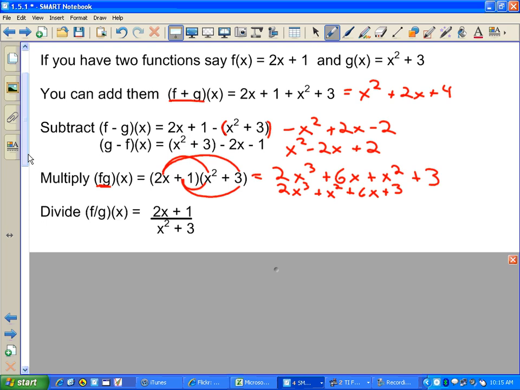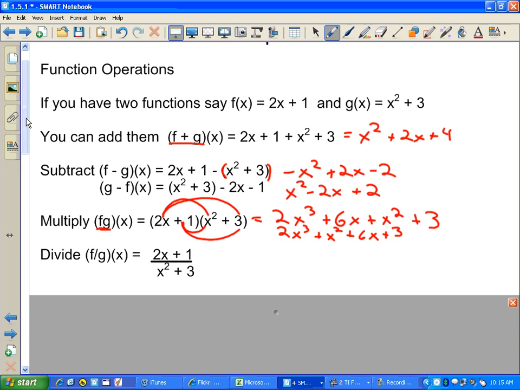If you look at all these other ones, everything except for the divide, whatever domain restrictions you have on either one of these, they're going to carry through. So if I had a domain restriction, which I don't on these, but if I had a square root in here, whatever makes that negative is going to make f plus g of x negative.